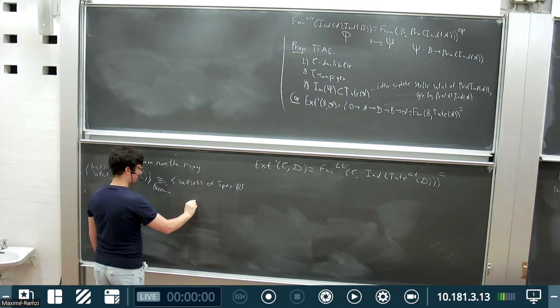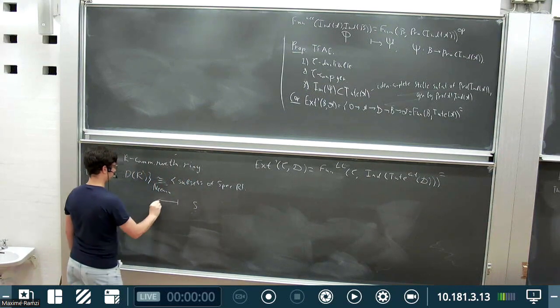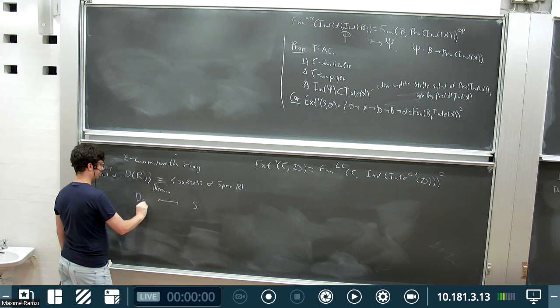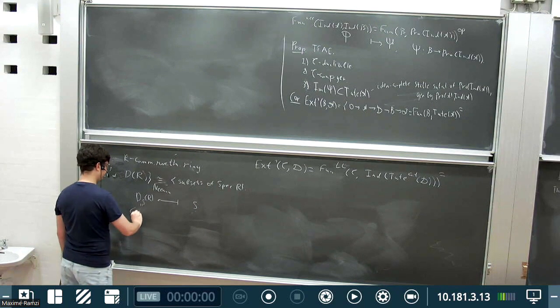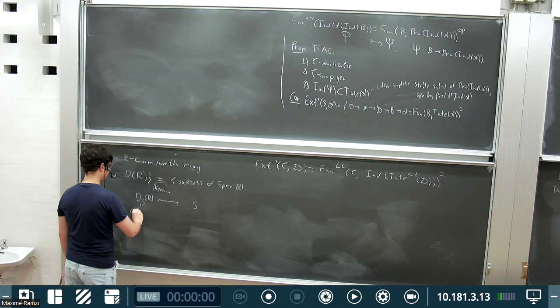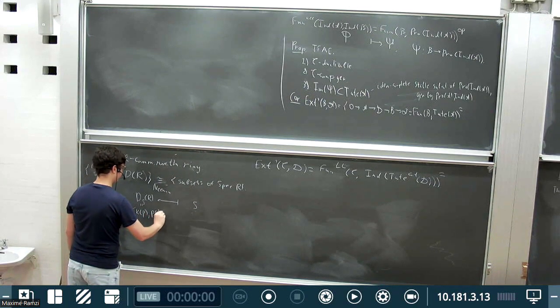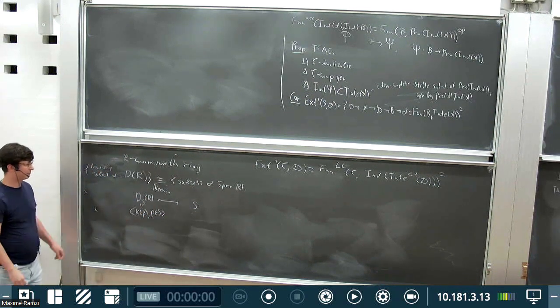So basically, a subset S goes to, we can denote this by D sub S of R, and it is generated by the residue fields of these prime ideals.